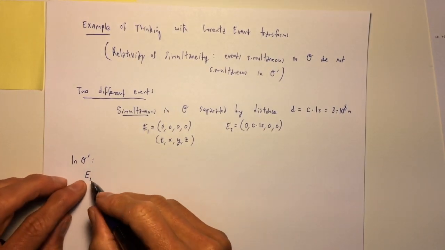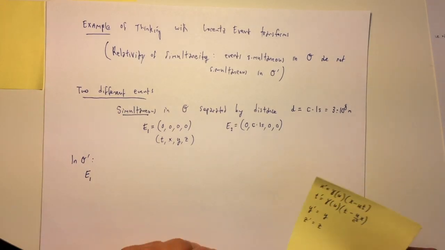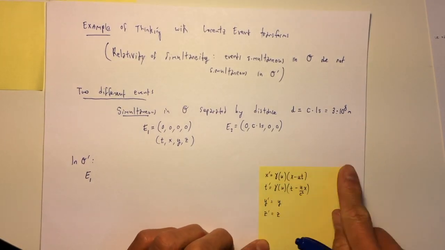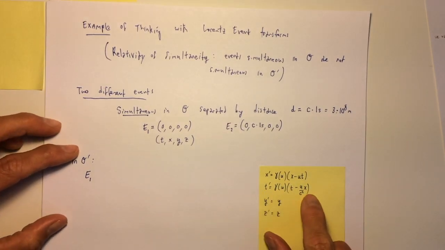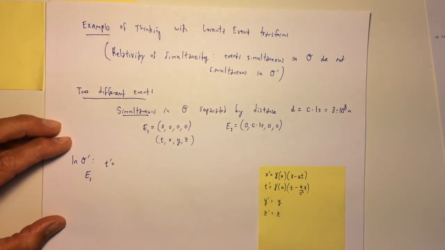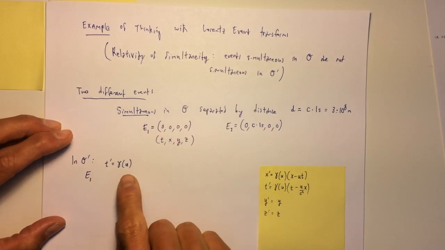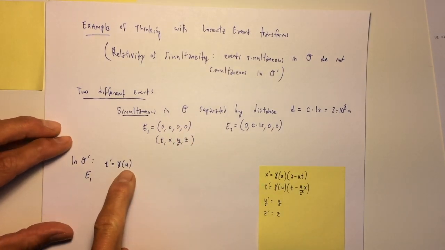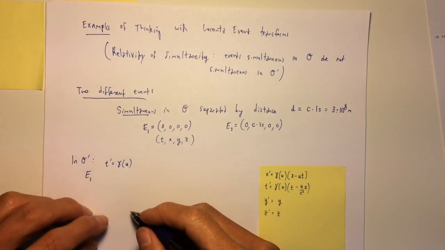But anyway, so event number 1 in O prime. So I'm going to bring over my little crib sheet, put it right here, and we can just fill in information. So t prime is equal to, so I've got the gamma of u, right? So O and O prime have relative speed u. O prime moves in the positive x direction inside of O at speed u.